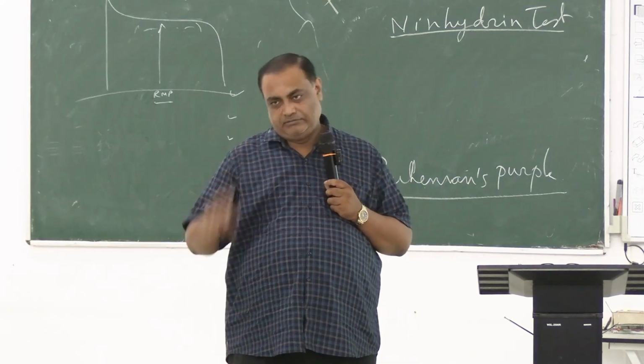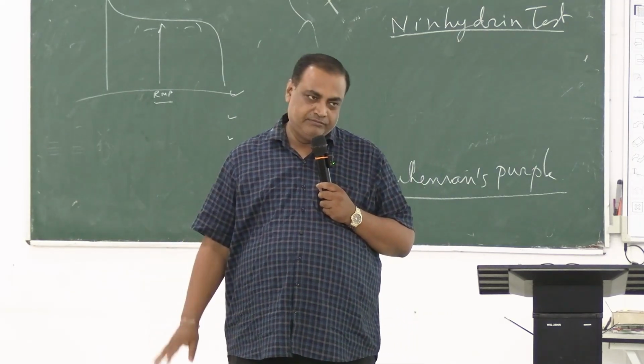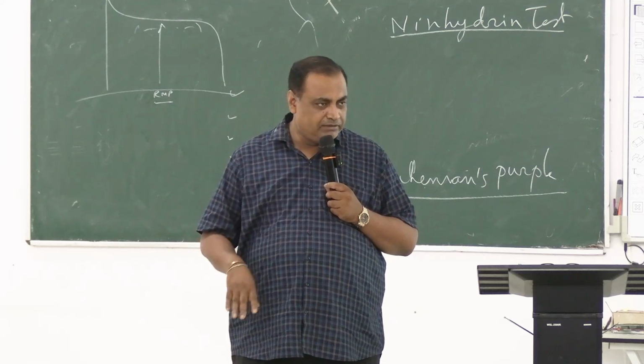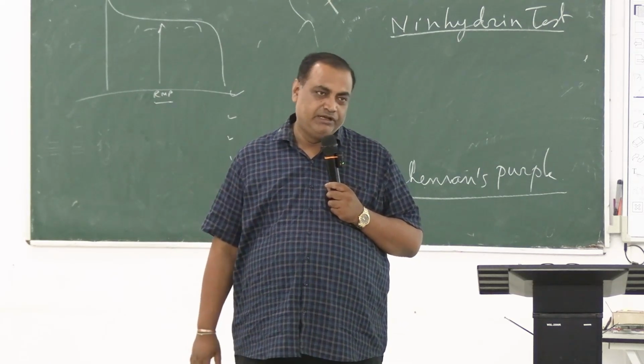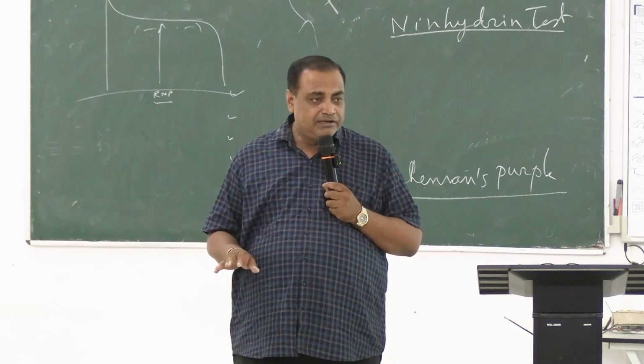It is the ratio of length to width, the L/W ratio. If it is more than 10:1, length to width, then it is called a fibrous protein. If it is less than that, we call it globular.